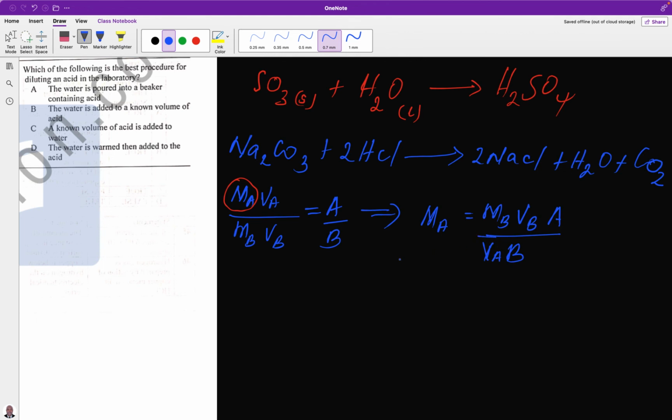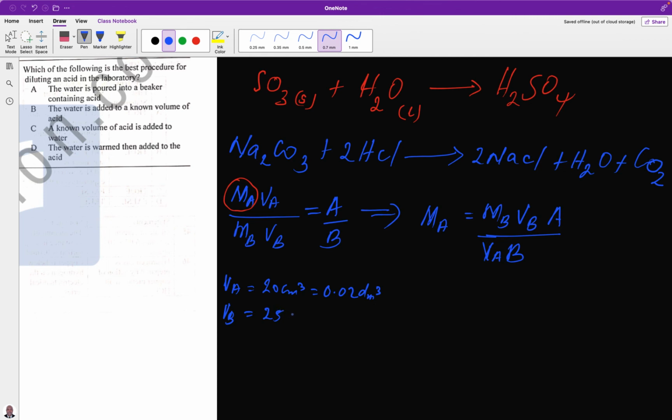Now, the volume of the acid was what? The volume of the acid was given as 20 cm cube, and 20 cm cube in dm cube is 0.02 dm cube. The molarity of the acid we don't have. But the volume of the base was 25 cm cube that was pipetted into the conical flask.